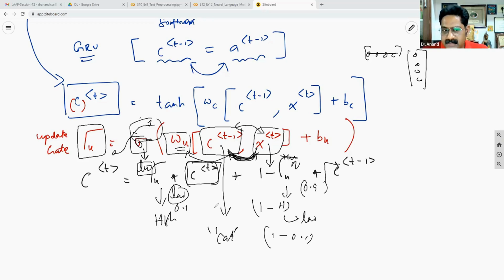So your sigmoid gating function is indirectly telling you, hey, keep hold of your previous state memory. Whatever your previous state memory is, it is so important, you keep hold of that. Don't forget the previous state. You should give more memory to whatever your previous state memory holds about the cat and other subjects, about which subject we are talking about.